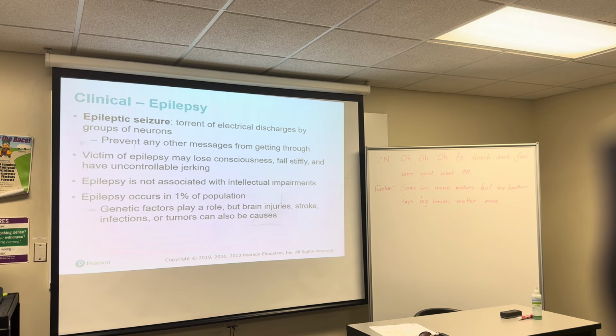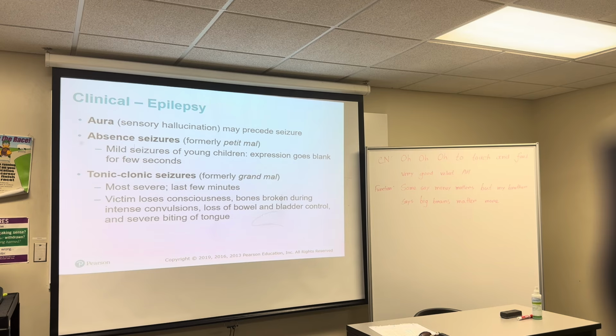No? Yeah. Epilepsy is not associated with intellectual impairment. Epilepsy occurs in 1% of the population. Genetic factors play a role, but brain injury, stroke, infection, and tumors can also be causes. An aura or sensory hallucination may precede a seizure.